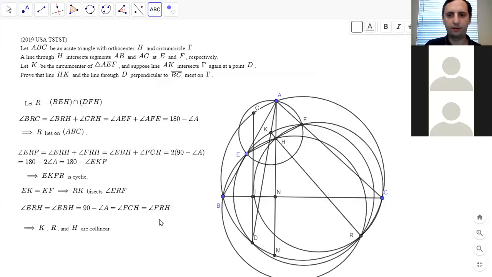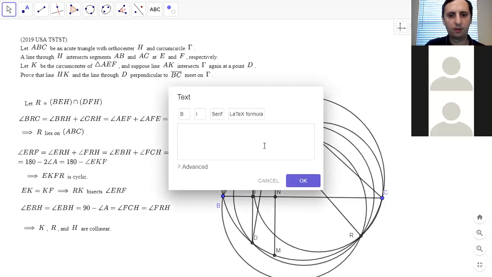Then once we know that, it's not too much longer because we have arc GA is equal to arc DM.